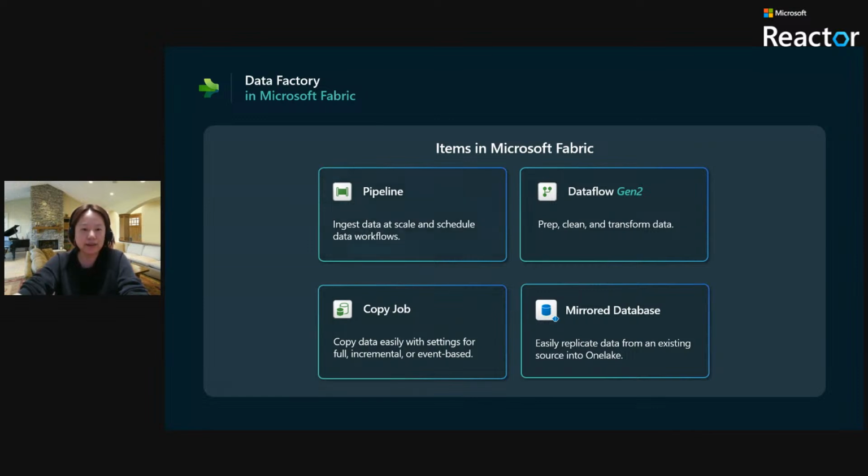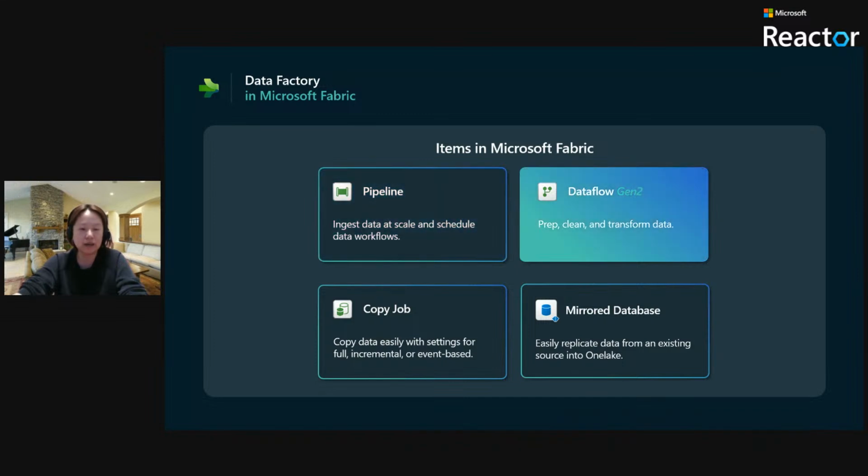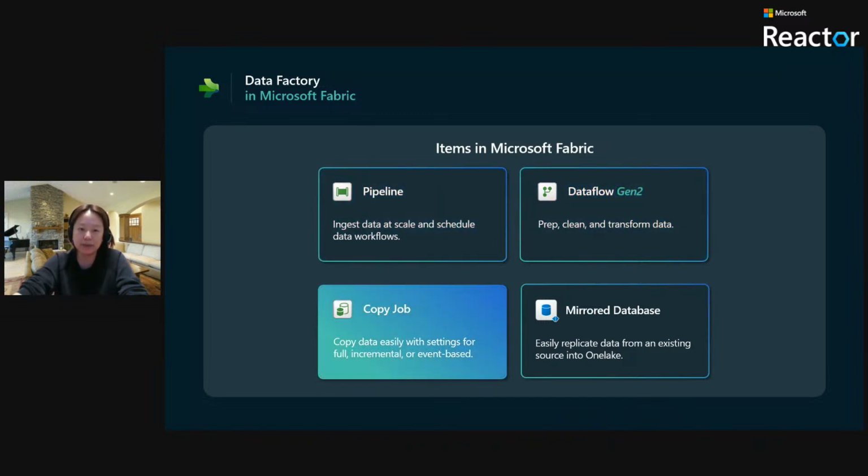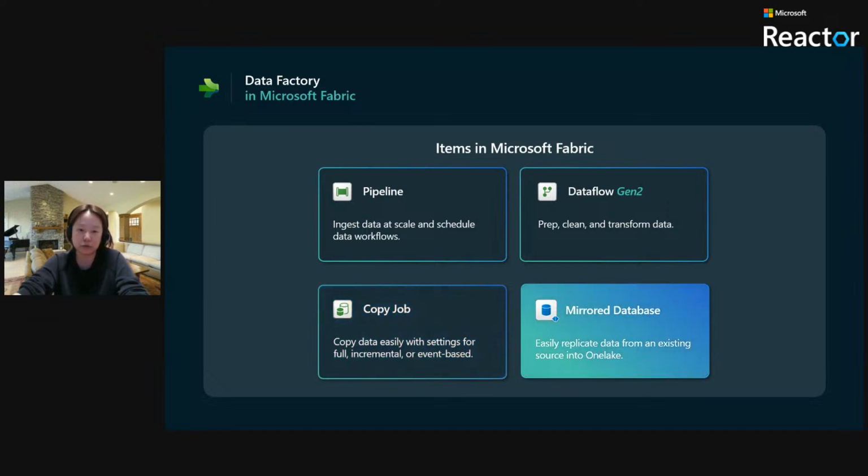We also have the mirrored database, which we're going to cover more today. Mirrored database is a solution that helps you replicate data from different types of data sources into OneLake with just a few clicks. So in today's session, we'd like to dive deep into mirrored database and the capabilities that it offers.